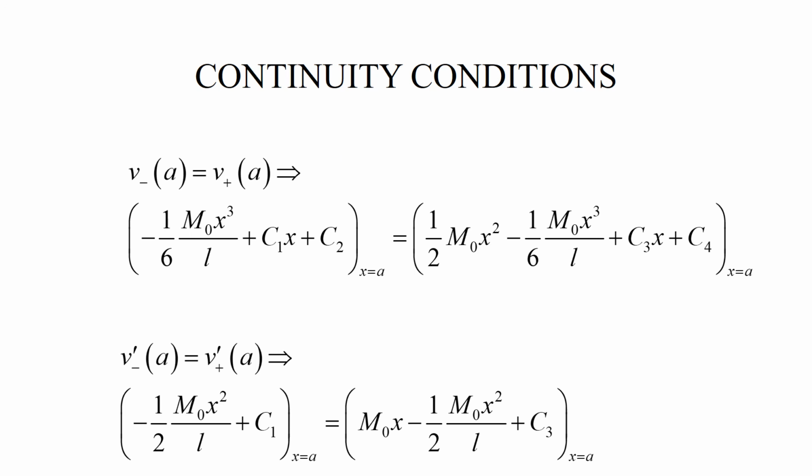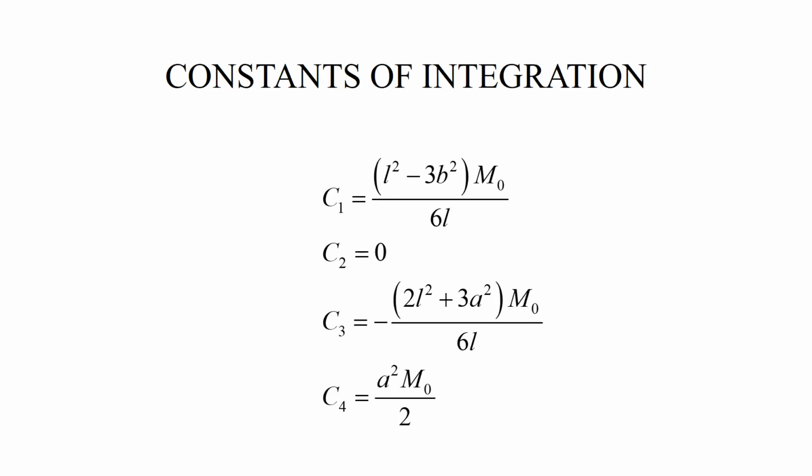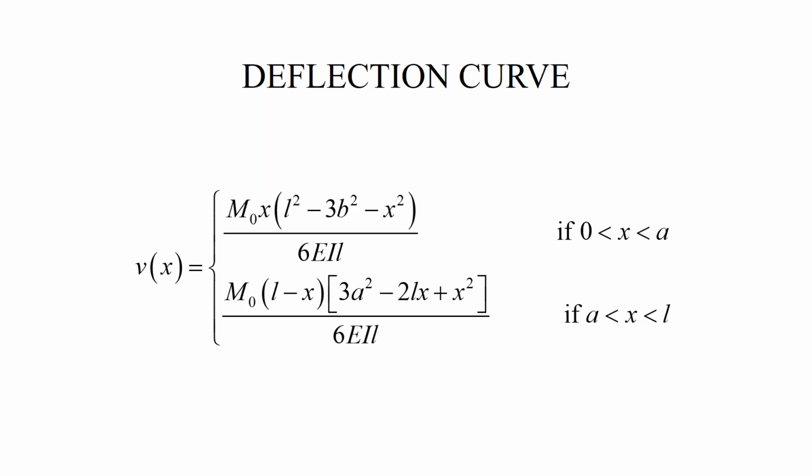If I solve the equations, I obtain the following values for the constants. I want to draw your attention to the fact that the very first equation gave me C2 equal to 0. Here, of course, it is. The rest of them are not 0. And now I can take these constants and I can go back to the equations for v plus and v minus, and I can write down explicitly the answer.